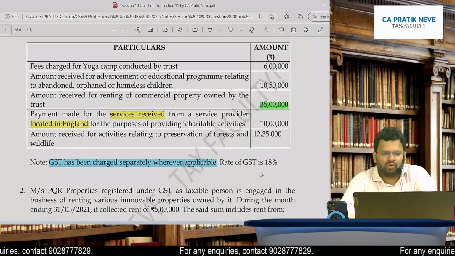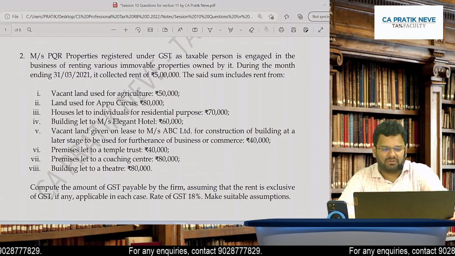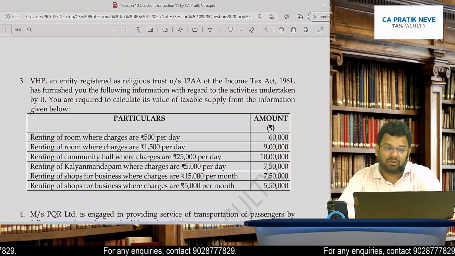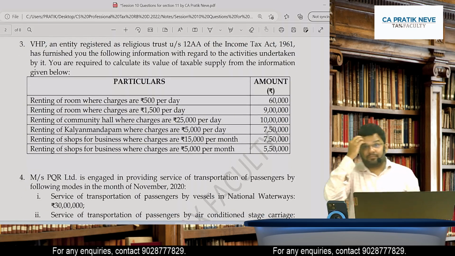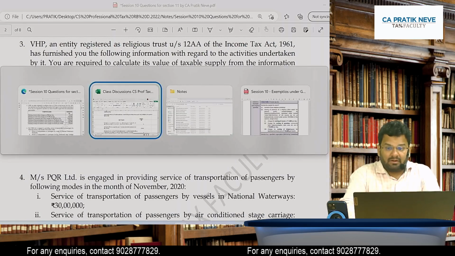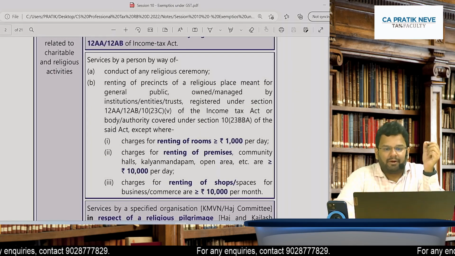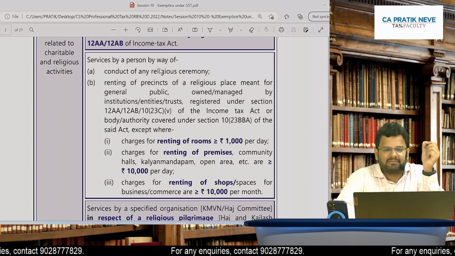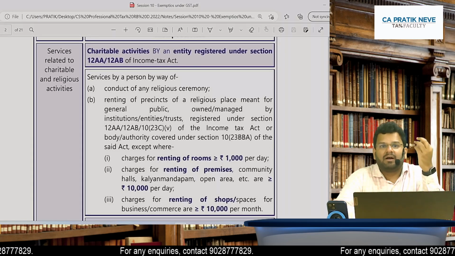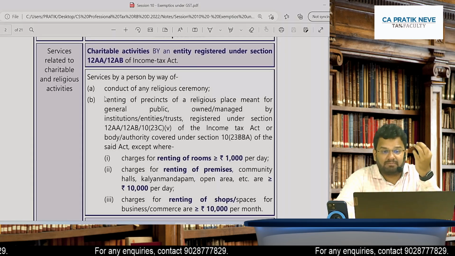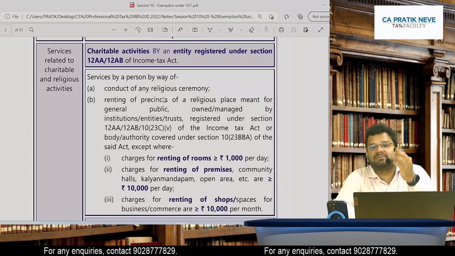Okay, let's go to the third question. It is interesting. Read this. Services by way of conduct of any religious ceremony.